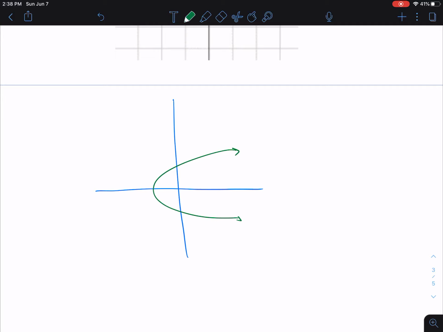Okay. So let's say this is the graph, let's draw an arbitrary vertical line through this. Let's say this is my arbitrary vertical line, right? So this vertical line intersects the graph twice, right?